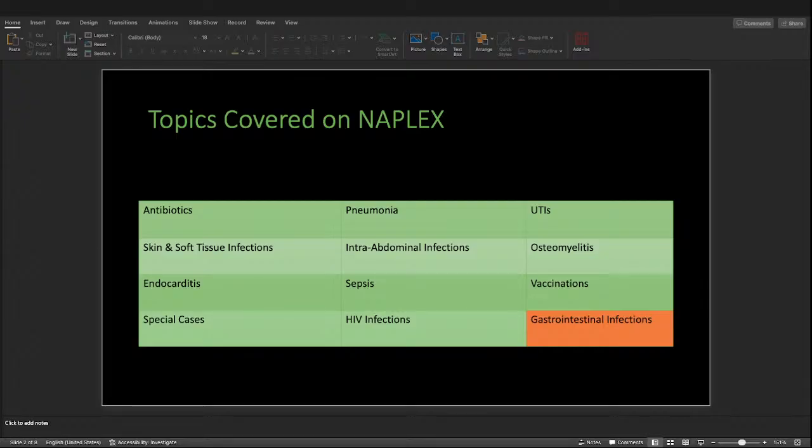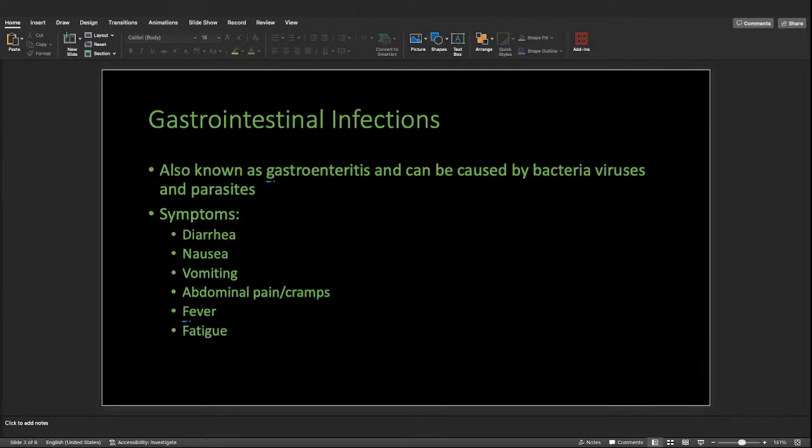So let's take a look. This is just a definition to show that it's also known as gastroenteritis and can be caused by bacteria, viruses, and parasites. So there's not just one type of infection caused by one type of bug. There could be other types of bugs that cause gastrointestinal infections.